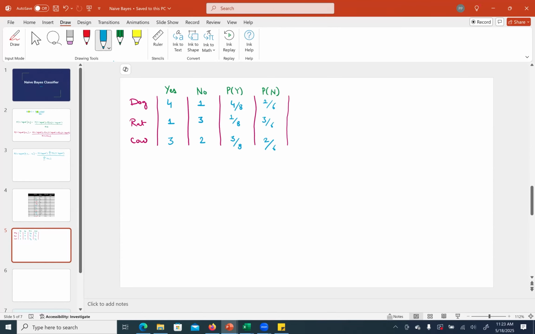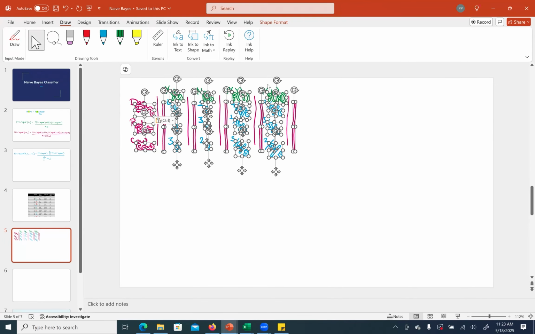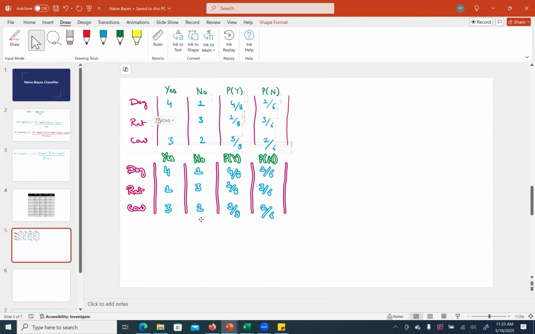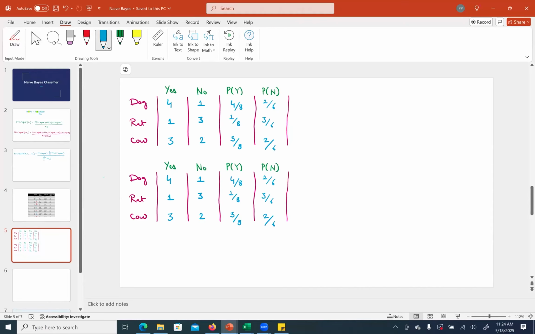Okay, and similarly, we can calculate something similar for other variables as well. This is just for one variable. So we have small, medium, big.